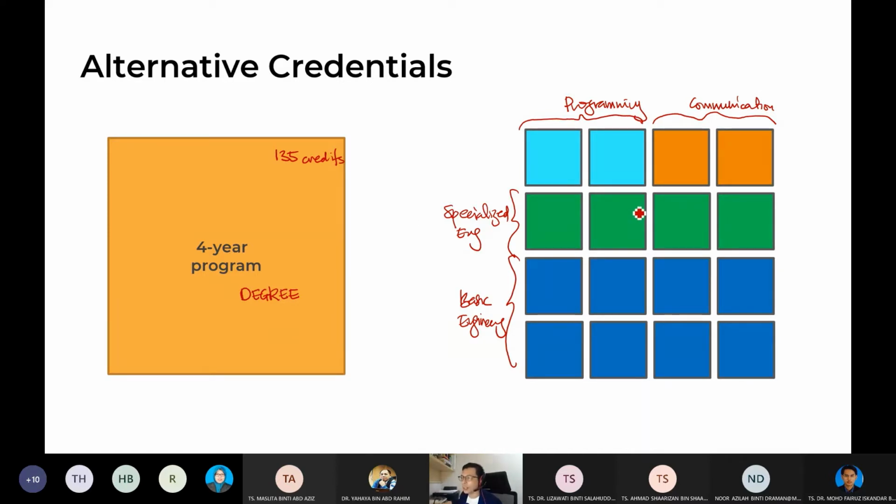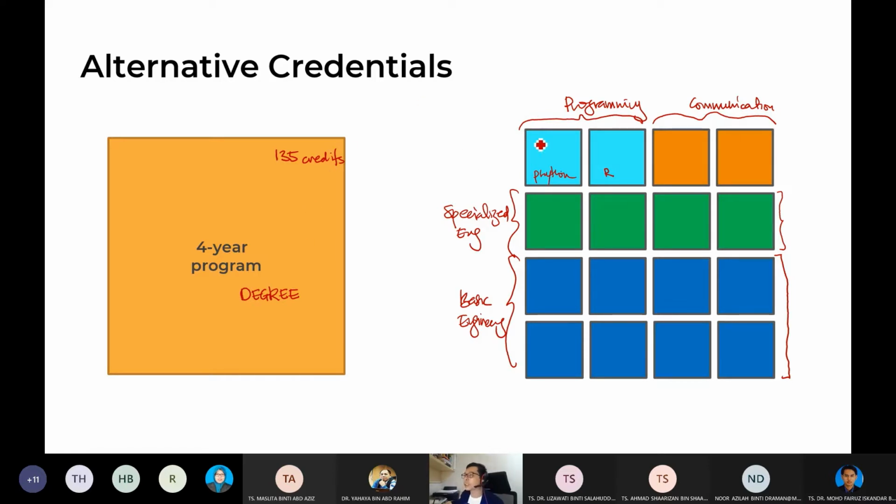What can we do with it? Some ideas are like this. Maybe we can offer this as one complete degree, 4 years. And then we add on more, for example business, and some languages, for example Python, and maybe R. So you add skills on top of the existing 4-year program.